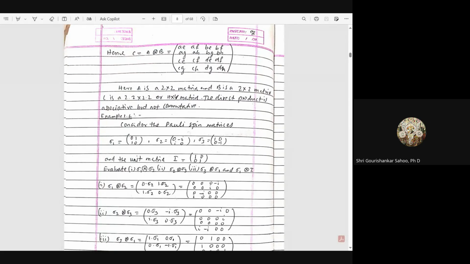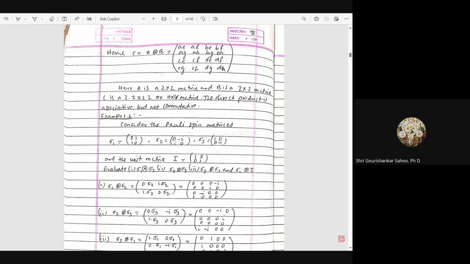These are the Pauli spin matrices, and this is in the Heisenberg picture. And your unit matrix will be I equal to 1, 0, 0, 1. So you can evaluate sigma 1 Kronecker product with sigma 2, Kronecker product with sigma 3, and sigma 1 with the direct product with I, or Kronecker product with I.